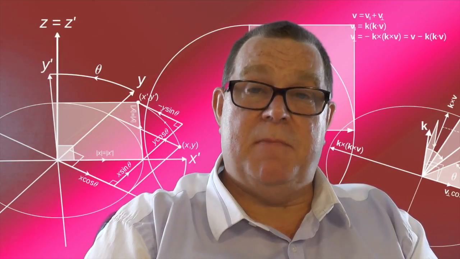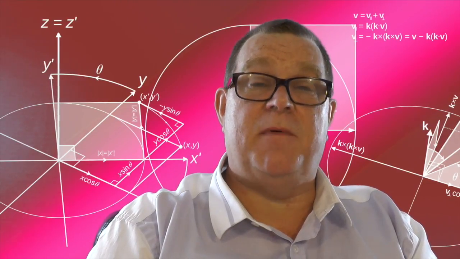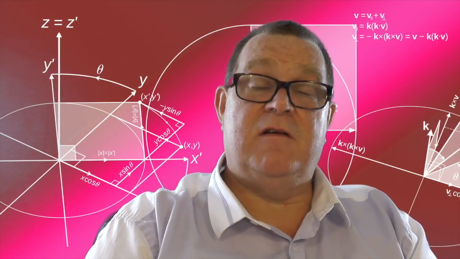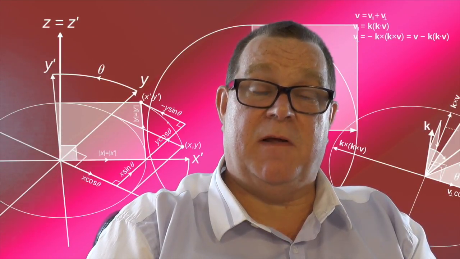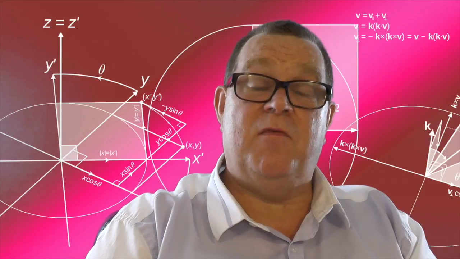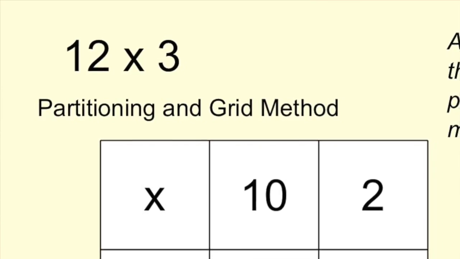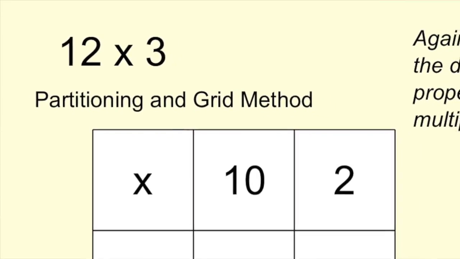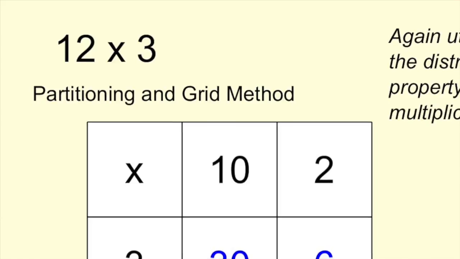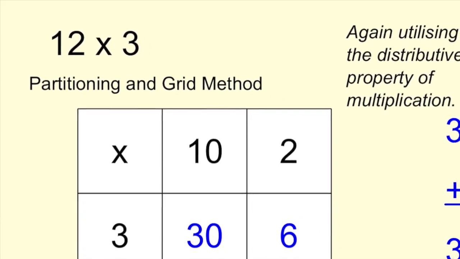Following on from the number line, we then use this notion of distributive property of multiplication to start moving into a more formalised way of doing the multiplication, and this is in the form of a grid method. Here you can see that we've taken again the number 12 and we've partitioned it into 10 add 2, and then we multiply each component of that partition by the 3.